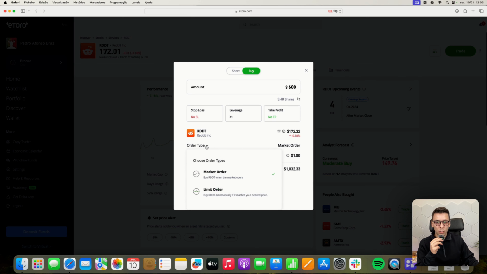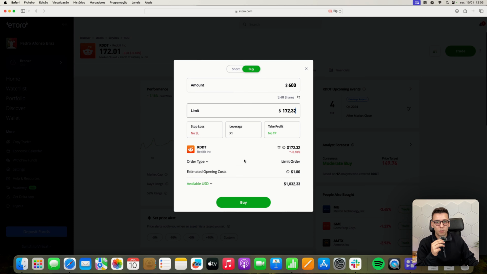You can choose also the order type, so either a market order, which basically buys the stock at the current market price, or you can set a limit order that basically buys the stock once it reaches your desired price. So I will just place a limit order a little bit below the market price. This is generally irrelevant.